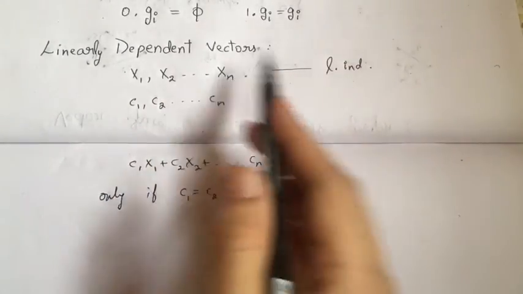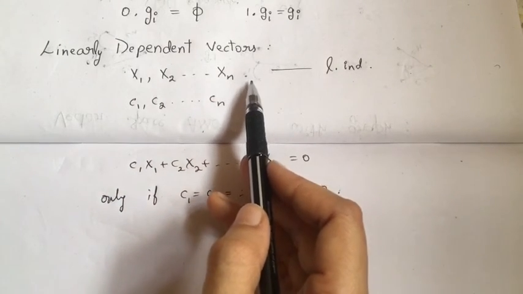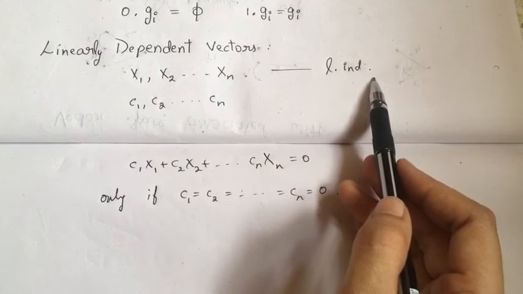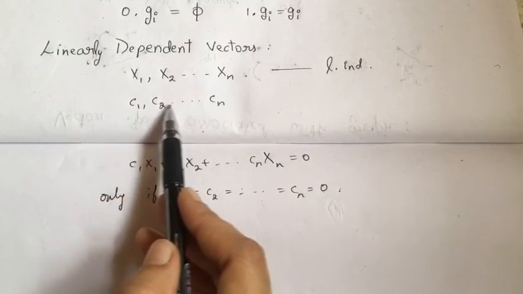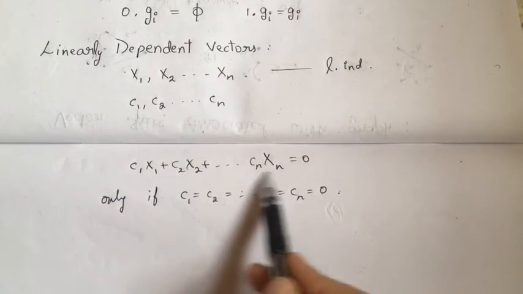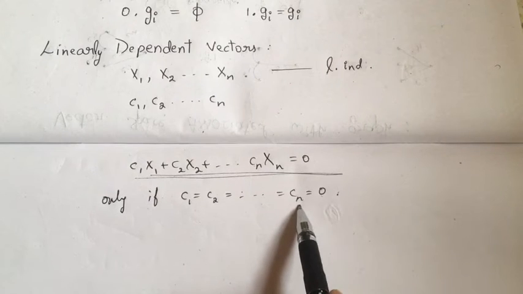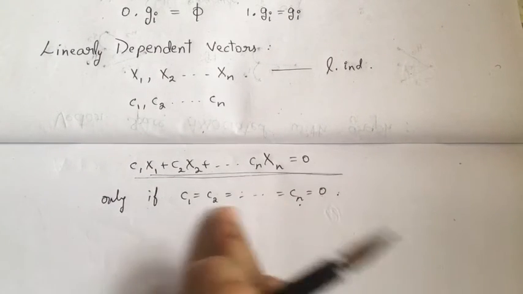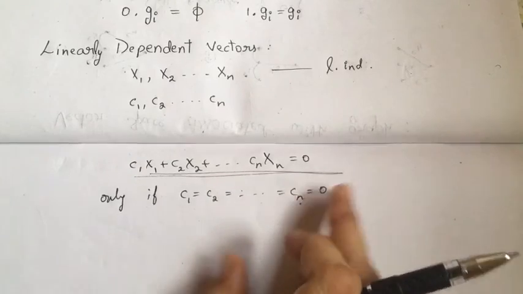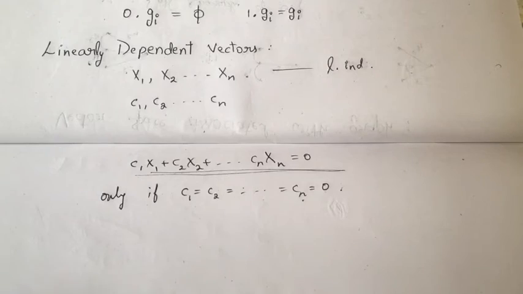I repeat, a set of vectors x1, x2, up to xn over a field F is said to be linearly independent if, for scalars in the field c1, c2, up to cn, this statement holds good only if all the scalars are equal to 0. If this is not so, meaning all are not equal to 0, then I can say that these vectors are linearly dependent.